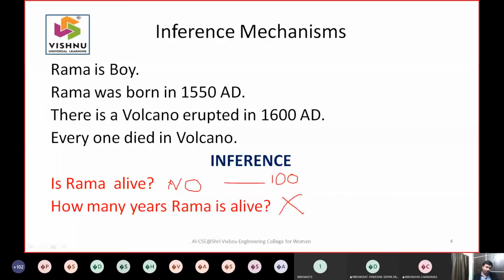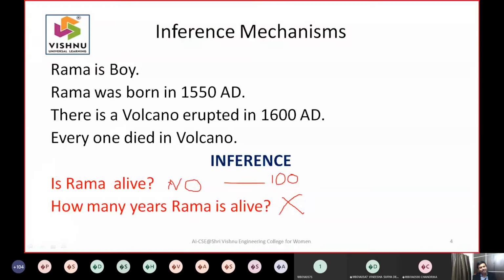We can make the inference if some data is added to the four statements. That's what we can say. At this moment, based on the four statements, we cannot make any inference regarding how many years Rama was alive.